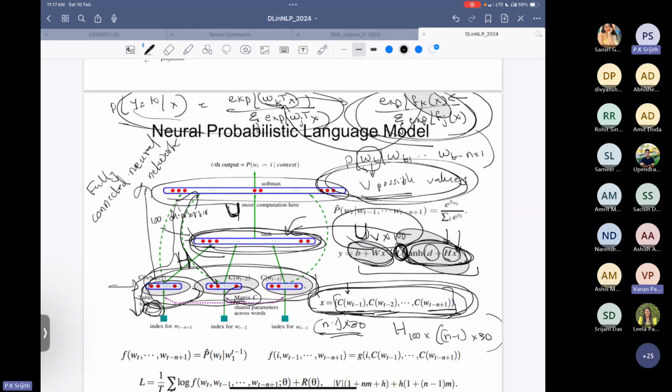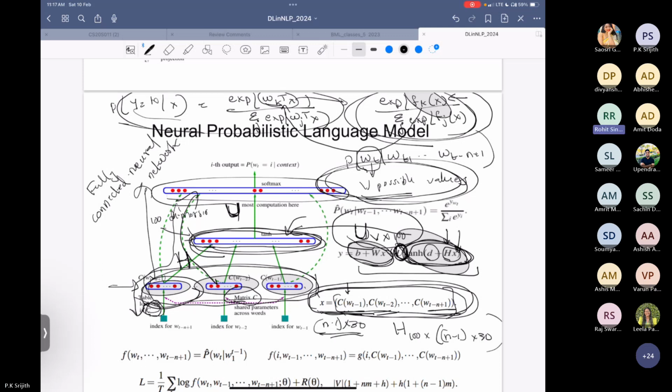So it is going to be n minus 1 cross 30. Then how is the hidden representation 100 cross n minus 1 into 30? Where is that 100 coming from? That is my assumption that the hidden representation is 100-dimensional. It can be 200 or 300, anything else also.